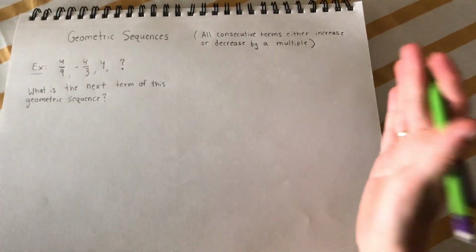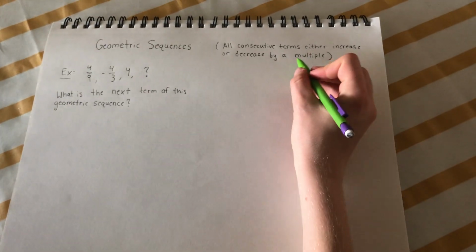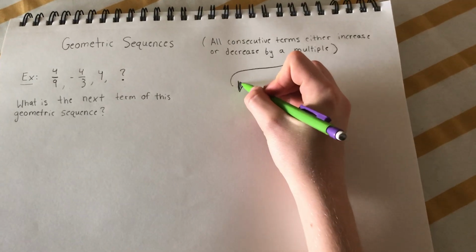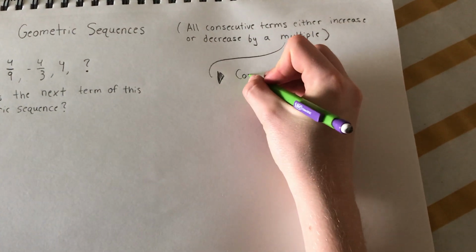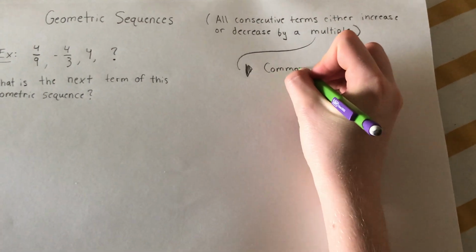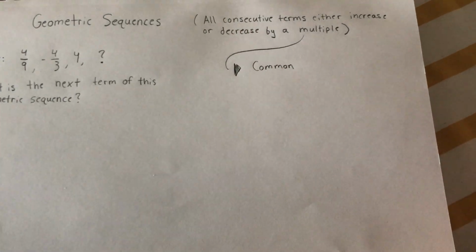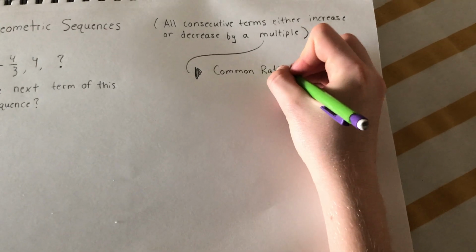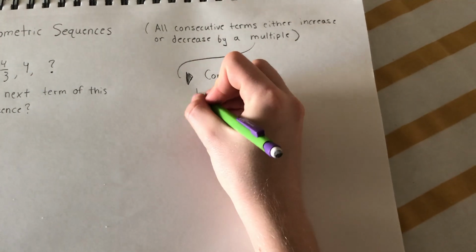Okay, and this multiple is usually called the common ratio, because it's the ratio that each consecutive term has in common. And we can denote it by the letter R.